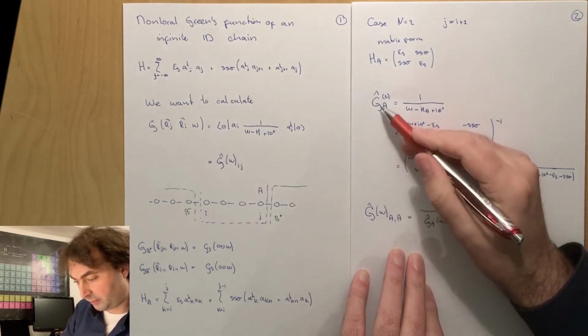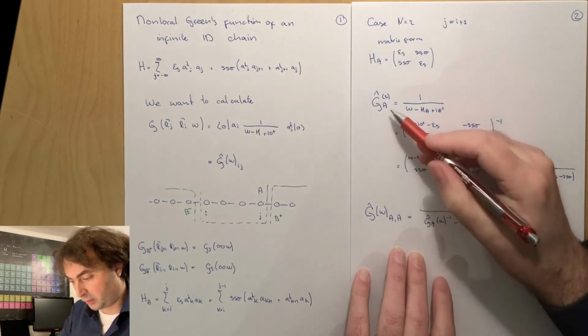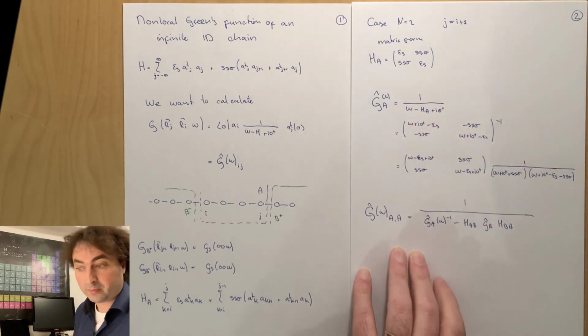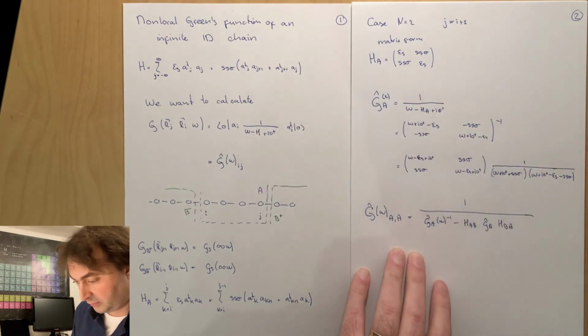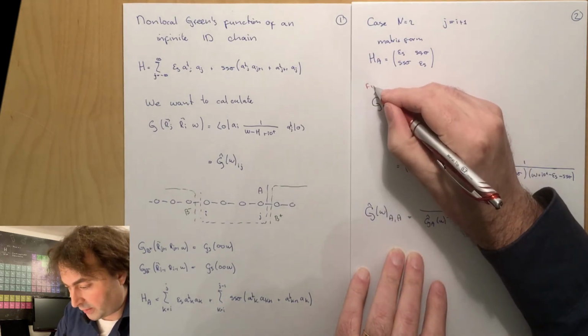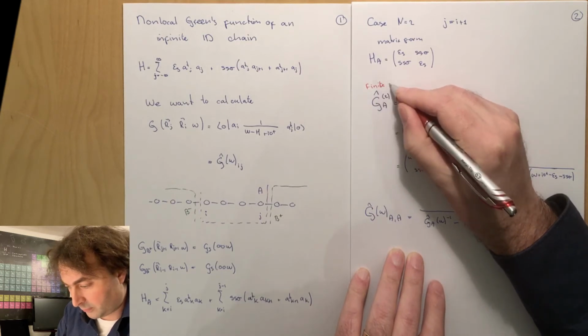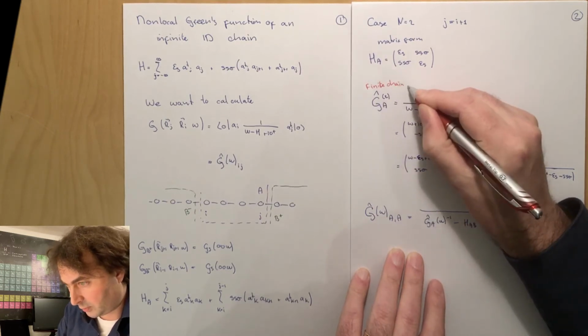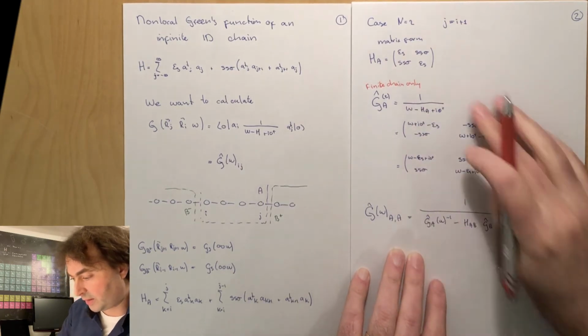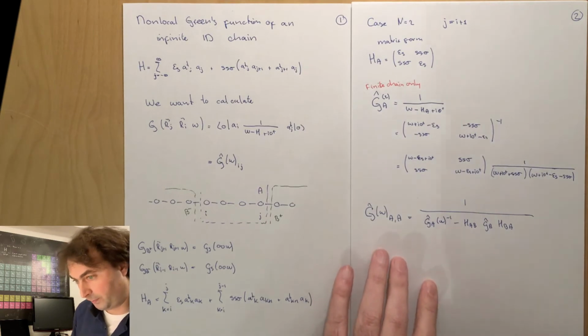So we have here two Green's functions. They're both given by 2 by 2 matrices because the dimension of A is 2, but they have reasonably different meanings. The first one is a finite system only. So this is truly a Green's function of a 2 by 2 system.